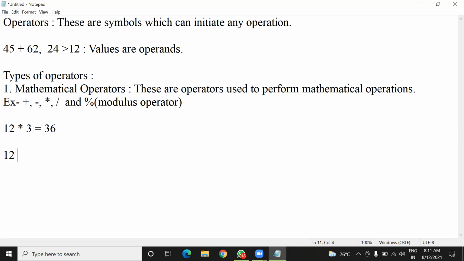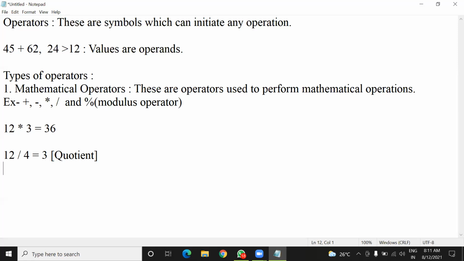Now 12 by 4, what will be the result? Yes, it results in 3. Here 12 is the dividend, 4 is the divisor, and 3 is the quotient in the division.